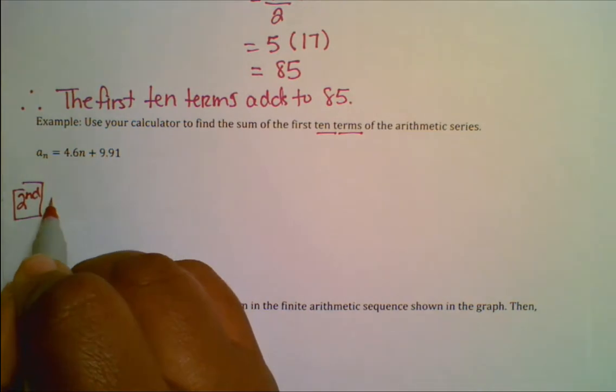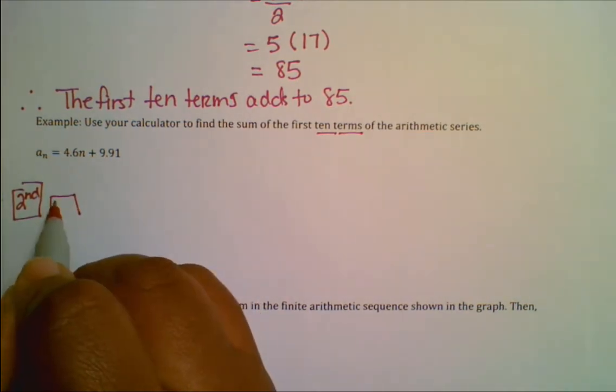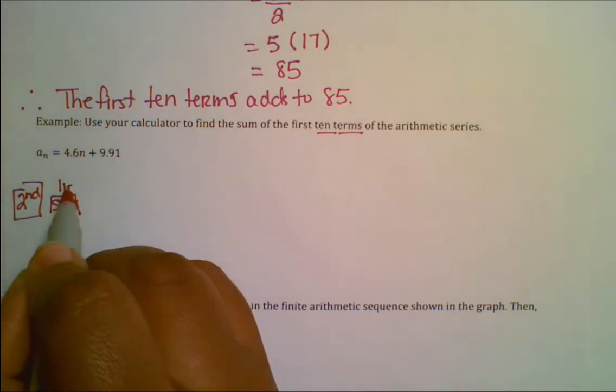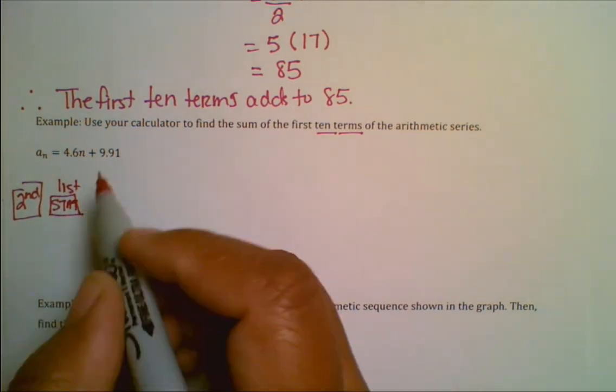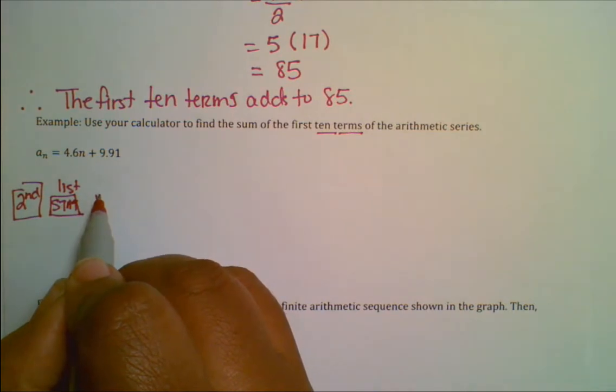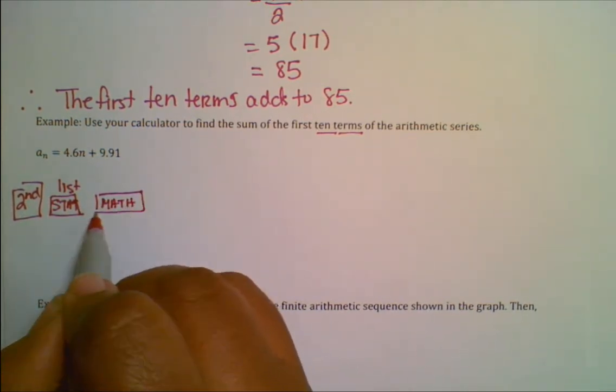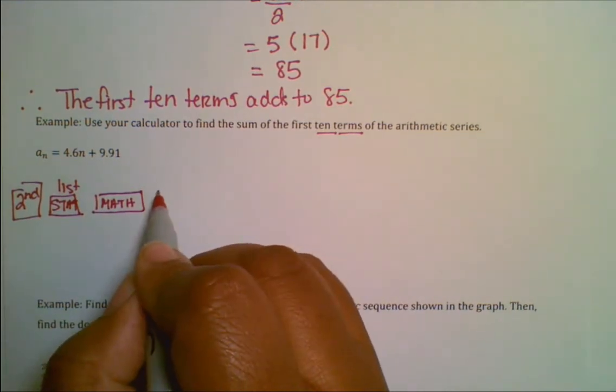Second, and then find your stat button. Above that it says list, and then scroll over to math, press the number 5.